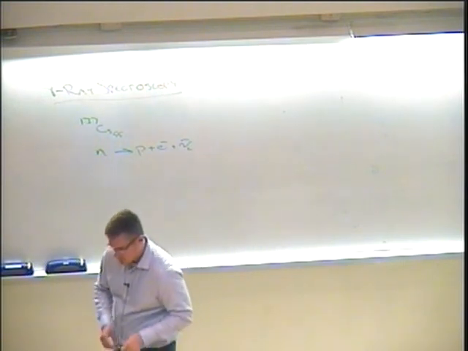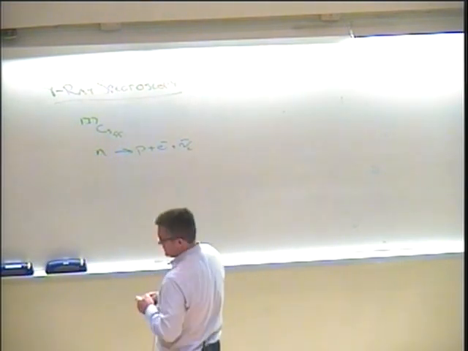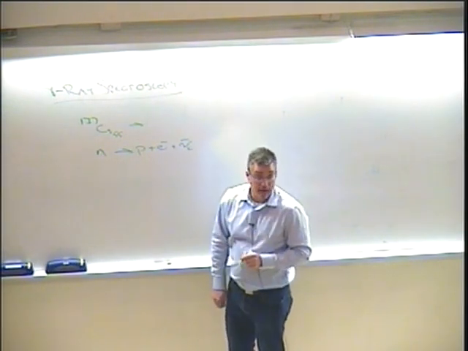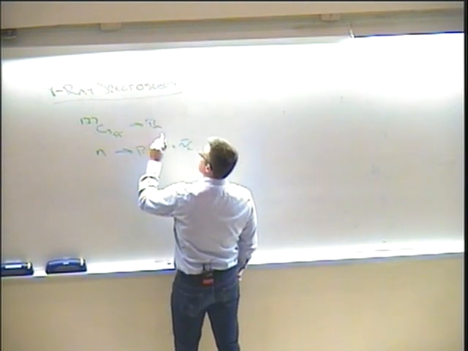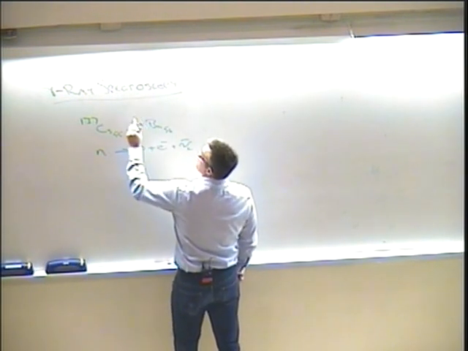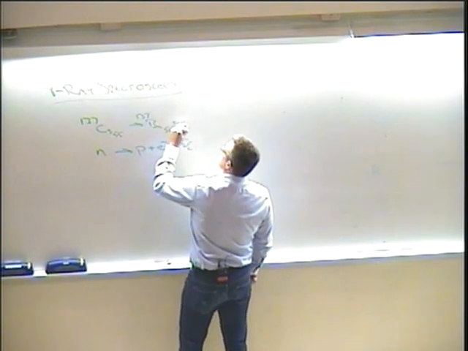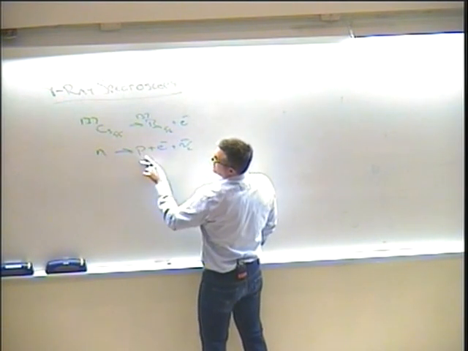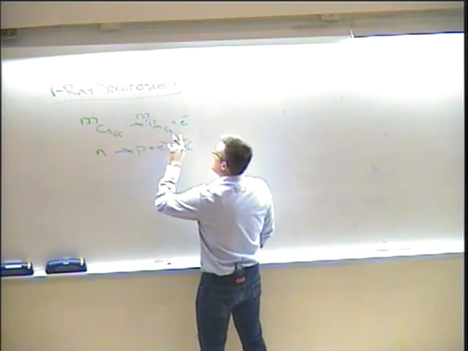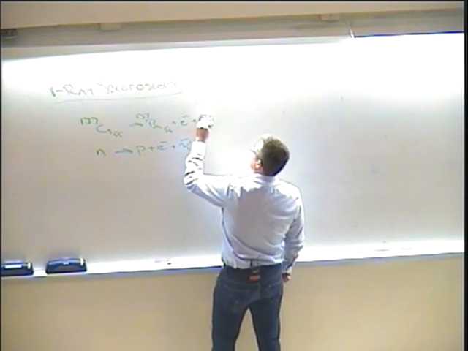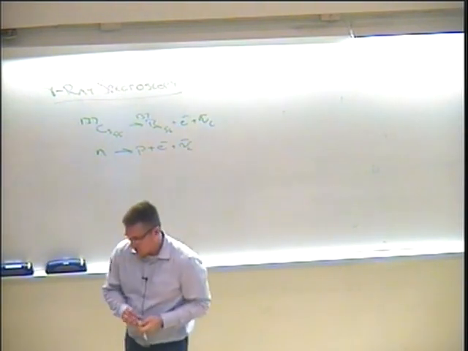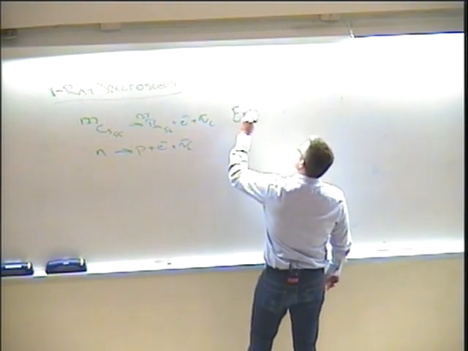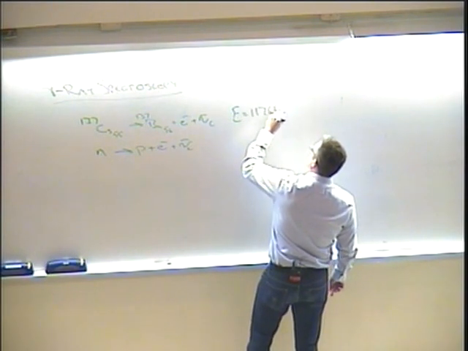In cesium's case, cesium's going to decay into barium, plus an electron. So the neutron decays into a proton, so this number increments by 1, plus an electron antineutrino. And the total energy released in that decay is 1176 kiloelectron volts.